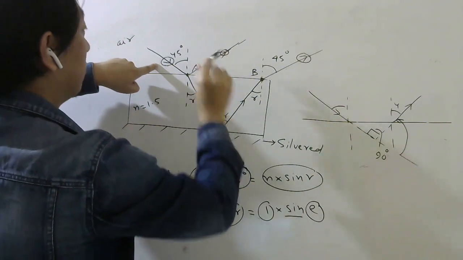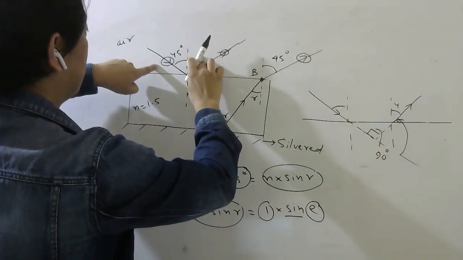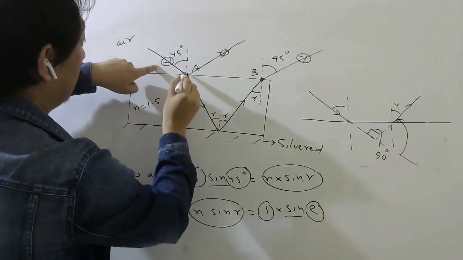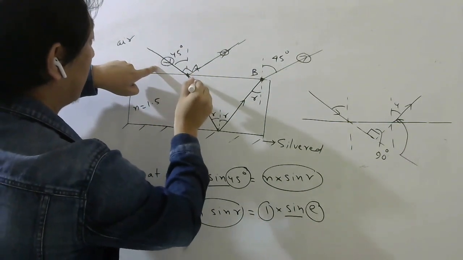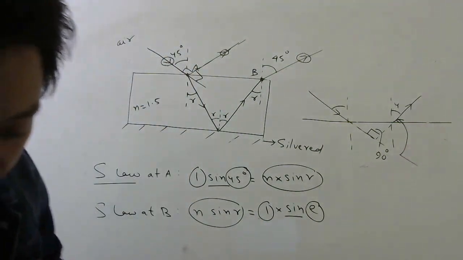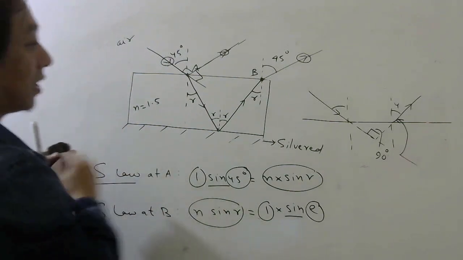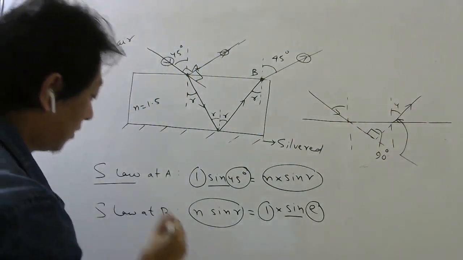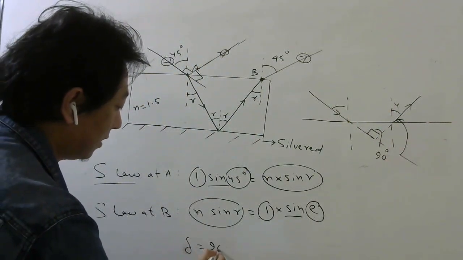So this is 45, so this is 45. So this angle will be 90. So this will be 90. Are you clear? So the deviation will be 90 degrees. So the deviation of the light is 90 degrees.